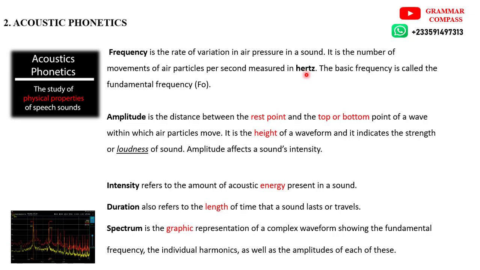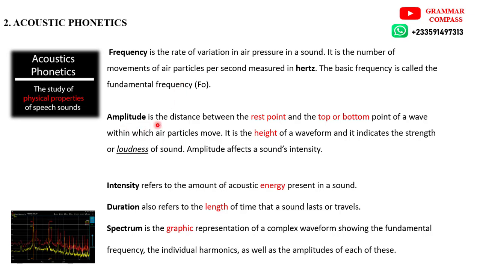The main or the basic frequency is called the fundamental frequency. If there is a higher frequency, then the voice will contain a higher pitch. If there is a lower frequency, then there is going to be a deeper pitch.